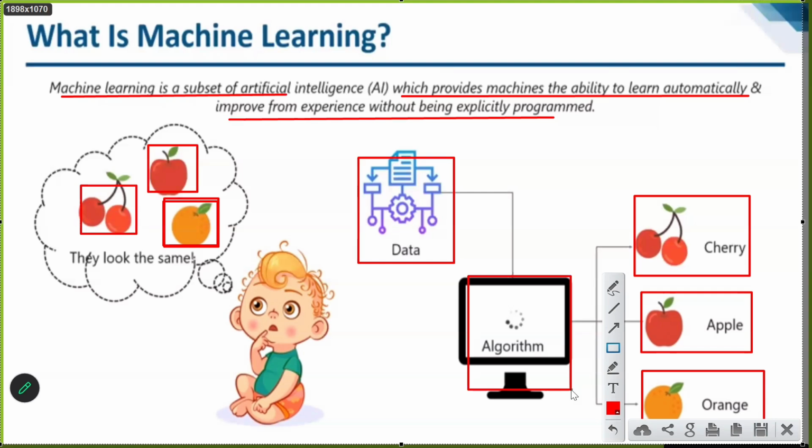That is how the machine learning concept goes. Machine learning is a subset of artificial intelligence which provides machines the ability to learn automatically and improve from experience without being explicitly programmed. So that is what machine learning is.